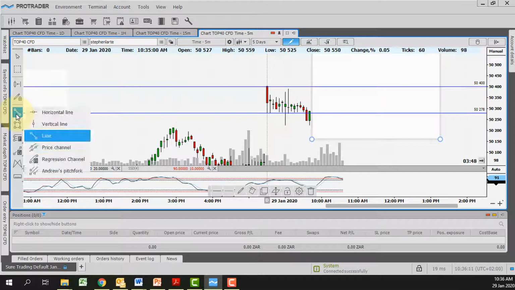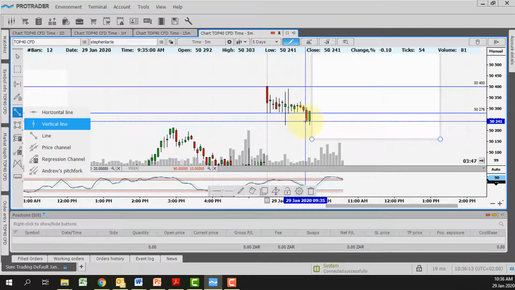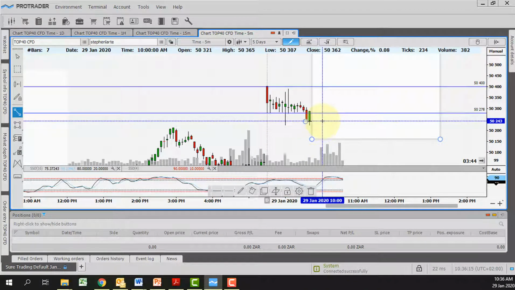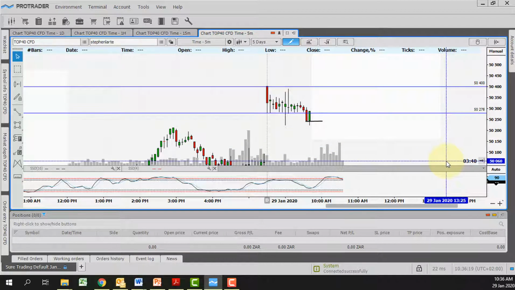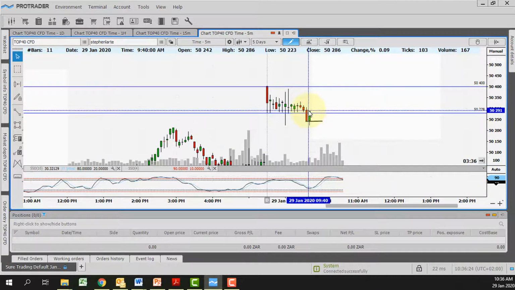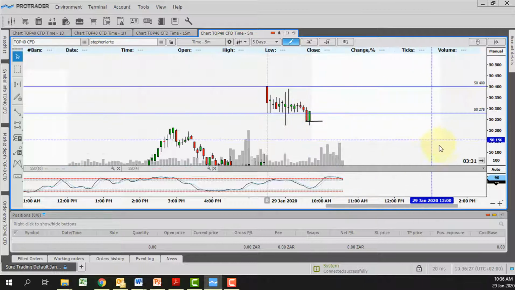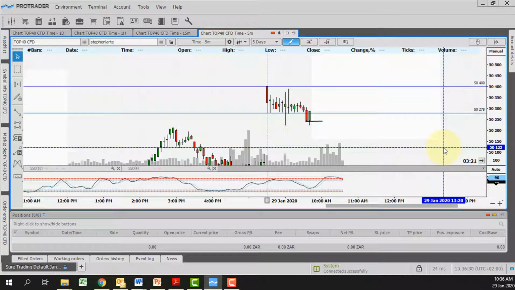So that would mean that we entered short at about that level over there. As you can see, this candle then went up and closed within the range. We would have to wait to see what happens as the trade progresses.